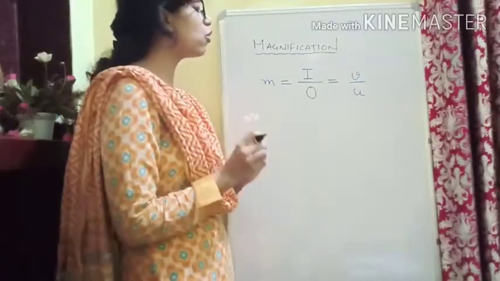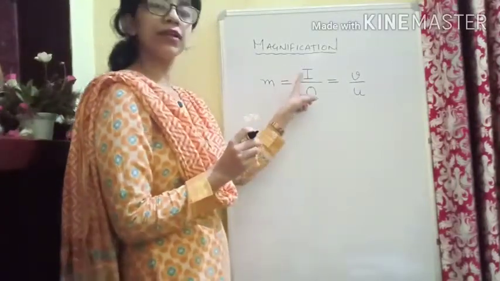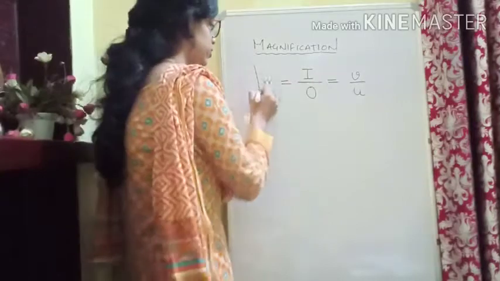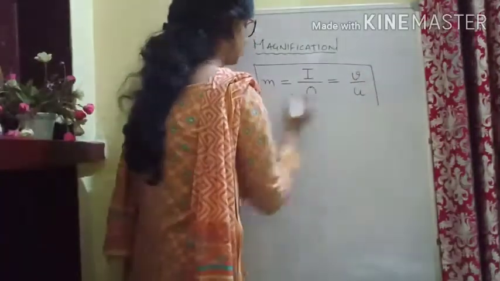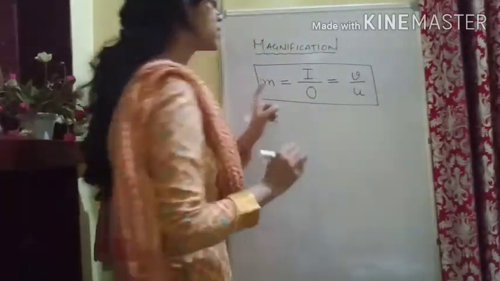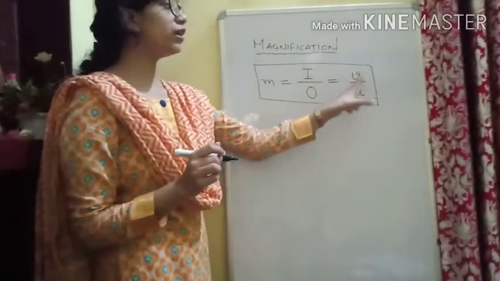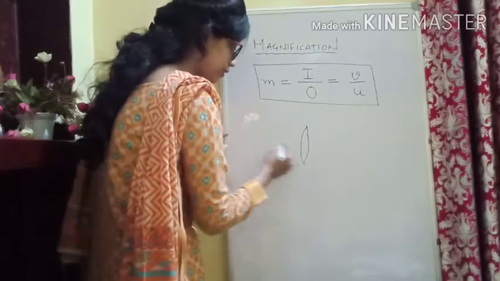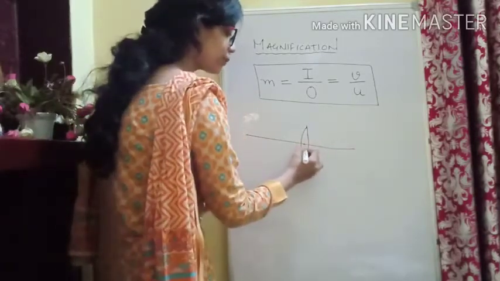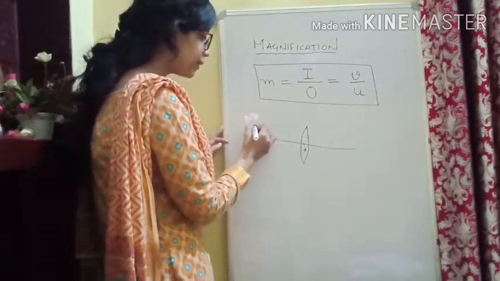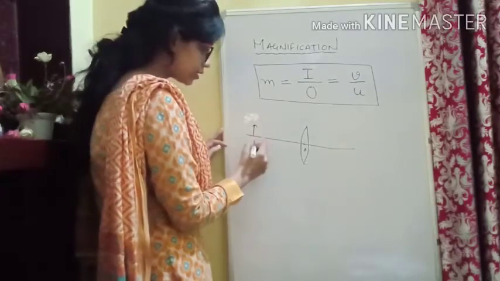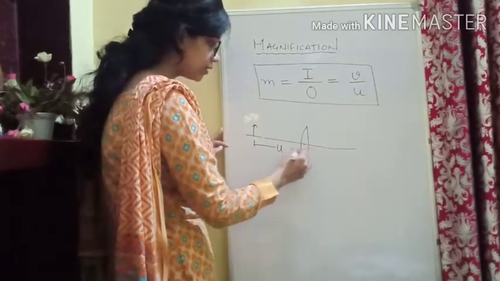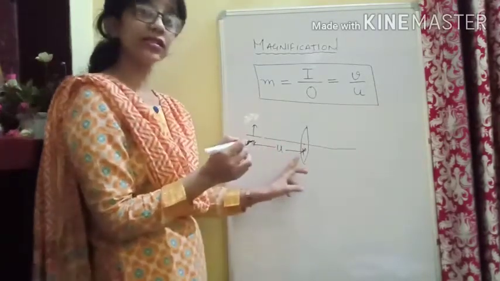It is the ratio of height of the image and height of the object. One thing I want to clear is that when we talk about v and u, it is the position. Like if you take a lens, let us take this lens, and this is your optical center where you are placing the object. This is your u, that means the distance of the object from the optical center.